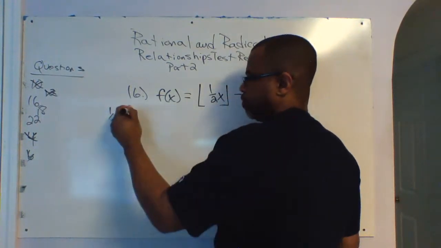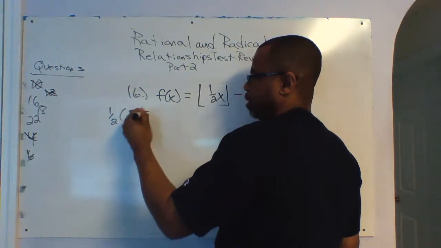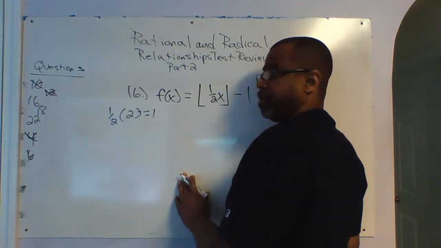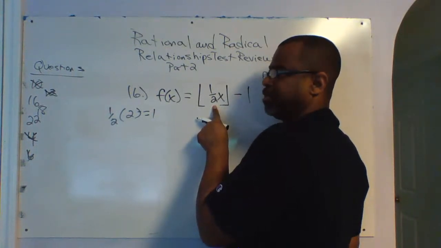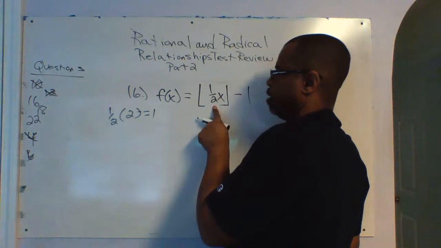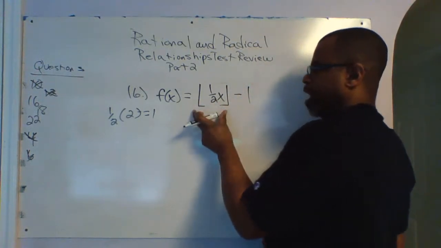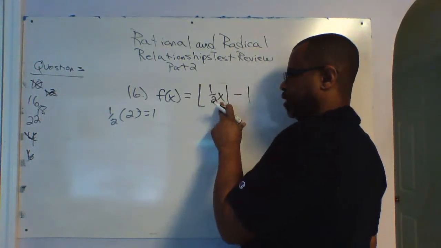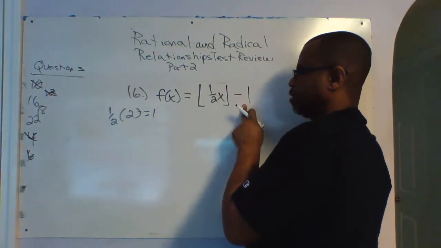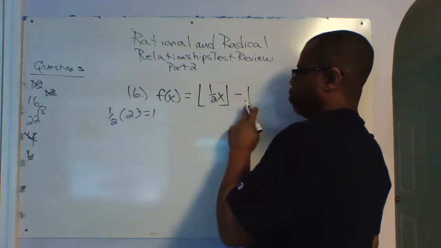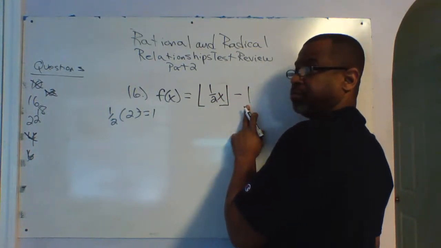Because if I put 2 in here, that gives me 1. So I have to ask myself, what can I plug in here to make this an integer? I have to double it in order for it to increase by 1. This is going to be my transformation where I have to drop down 1.